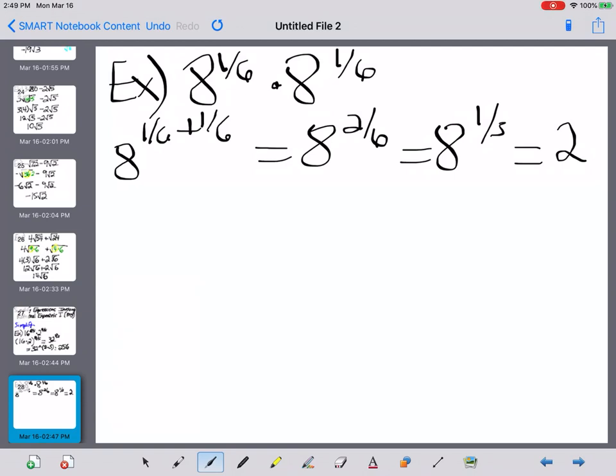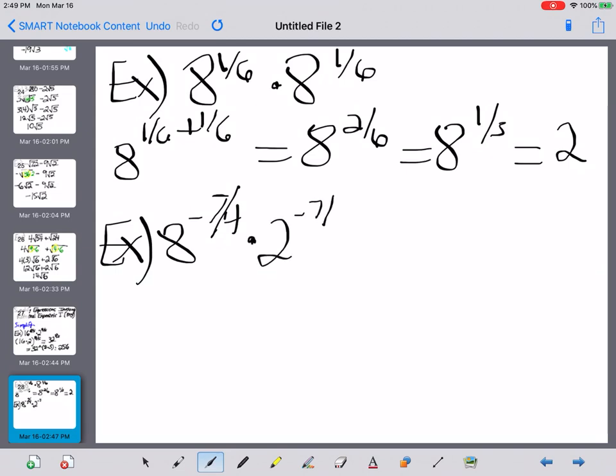So let's try one with negative exponents. So on this one, we have 8 to the negative 7/4. I hope that looks okay. And then we're multiplying that by 2 to the negative 7/4.